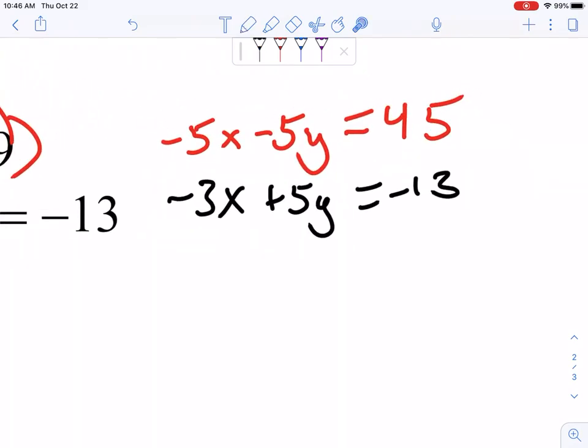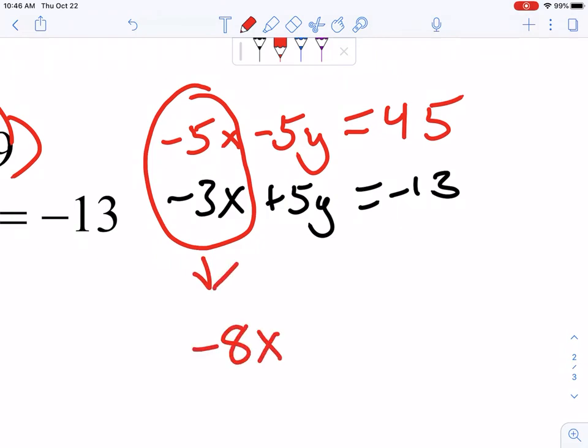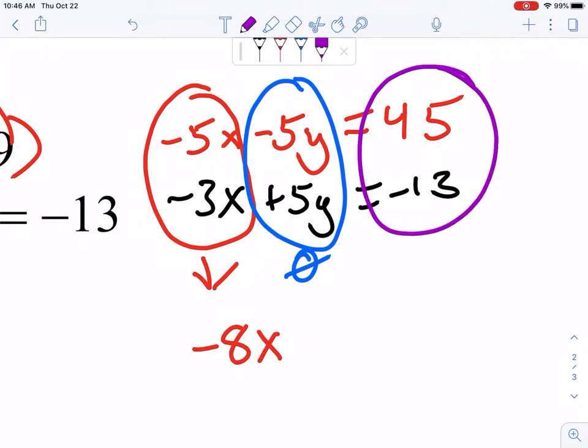The whole point is to create either x or y terms that will eliminate. In this case, my y terms are going to eliminate. So I can put these two together in red and get negative 8x. I can put these two together and get 0. They cancel each other out. And I can put 45 and negative 13 together. We're going to subtract that to get 32.